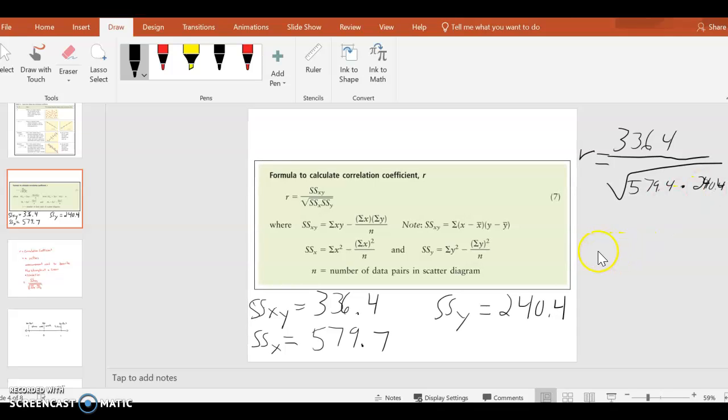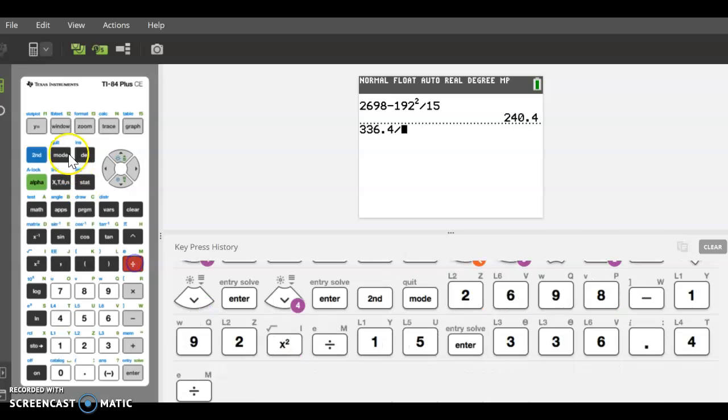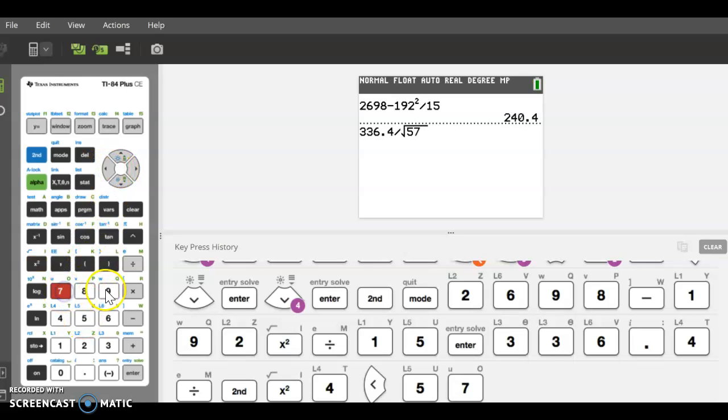So we need to type that in our calculator: 336.4 divided by the square root of 579.7 times 240.4.